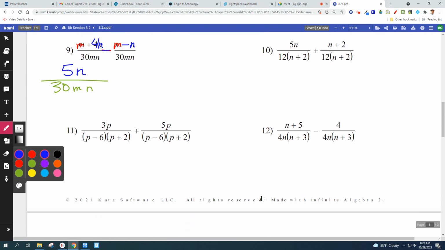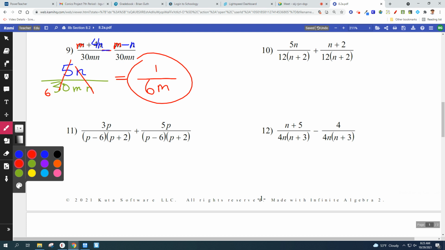I can just cancel. I know that 5 goes into 30 6 times, and these n's will cross out. And so we're left with a 6m on the bottom. Doesn't look like there's anything on the top, but when that happens, what do I put? 1 over 6m.